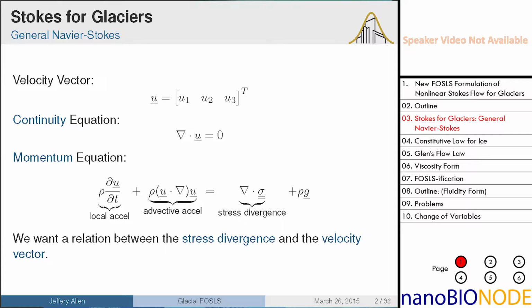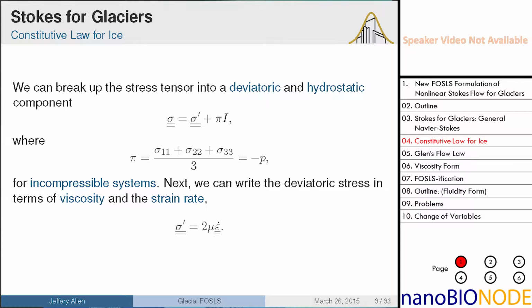So our current goal is to rewrite stress divergence in terms of our velocity vector, u. This can be done by first decomposing stress divergence into the deviatoric and the hydrostatic stress. Hydrostatic is basically how things expand and compress, and deviatoric is all of the other deformations.